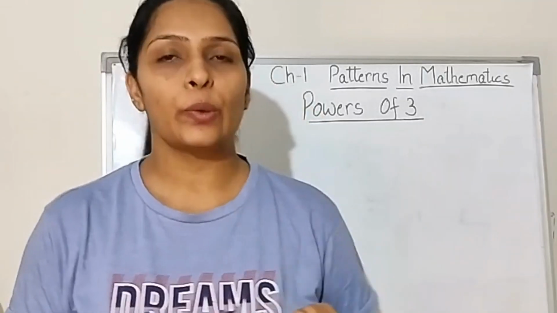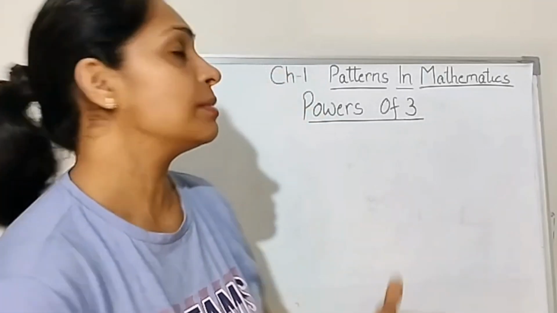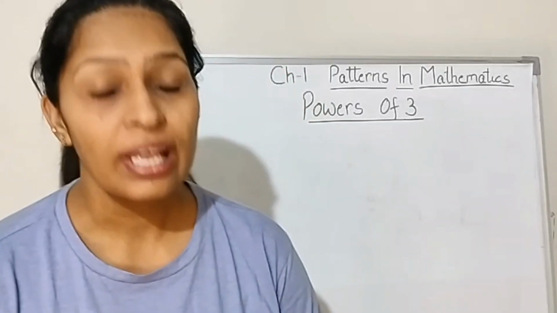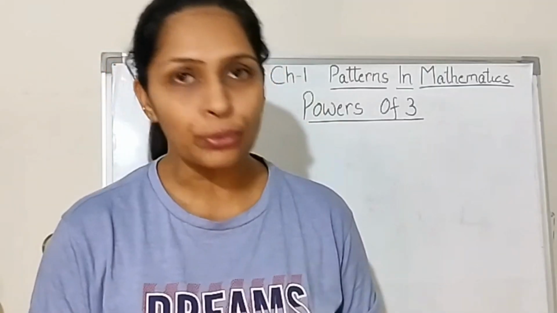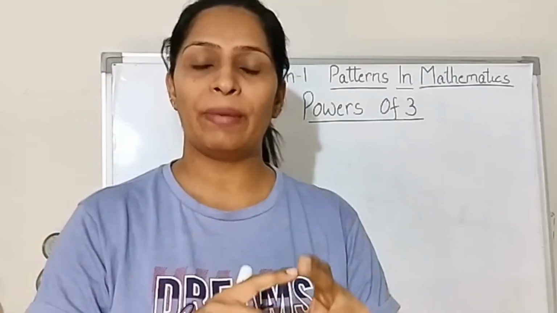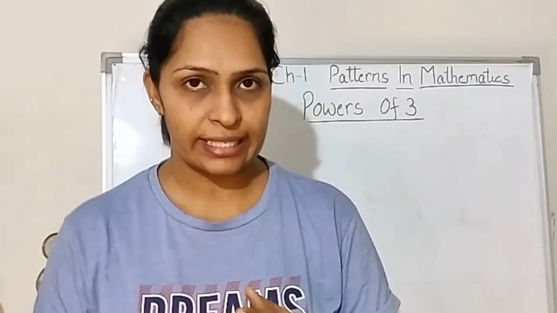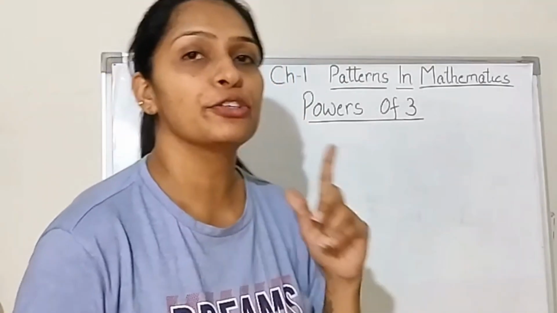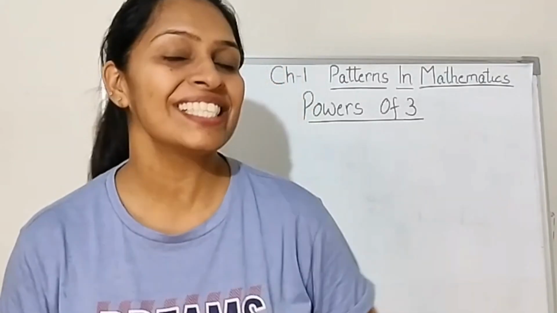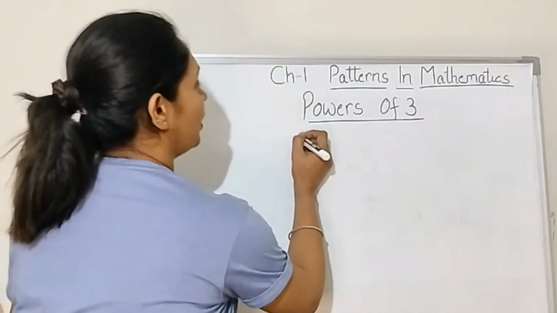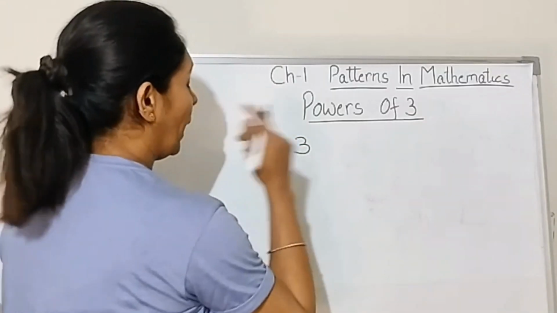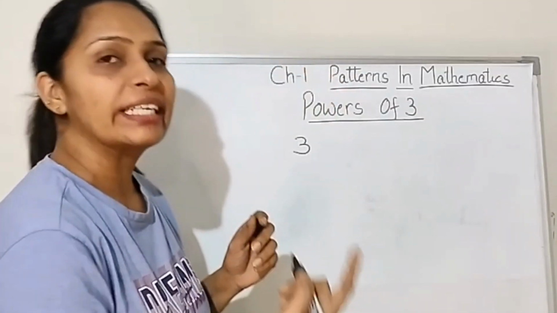The next sequence given in your book is powers of 3 now. As we have seen in powers of 2, what was happening? 2 was the base number and 2 was repeating itself. Now when we talk about the powers of 3, what is going to happen? We are going to have 3 as the base, and the powers are going to increase.